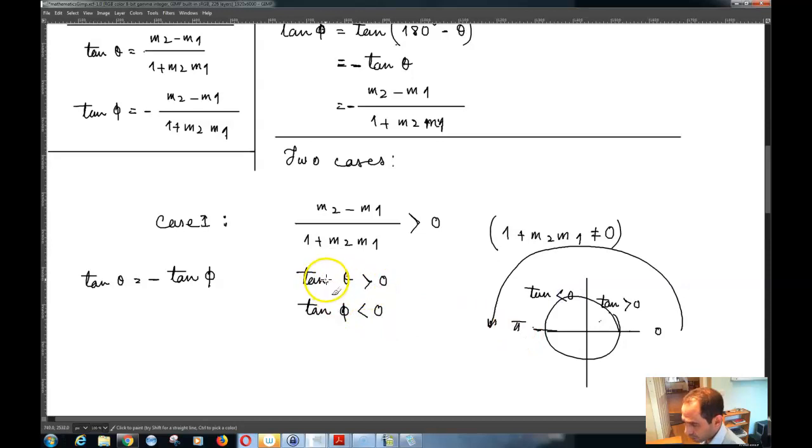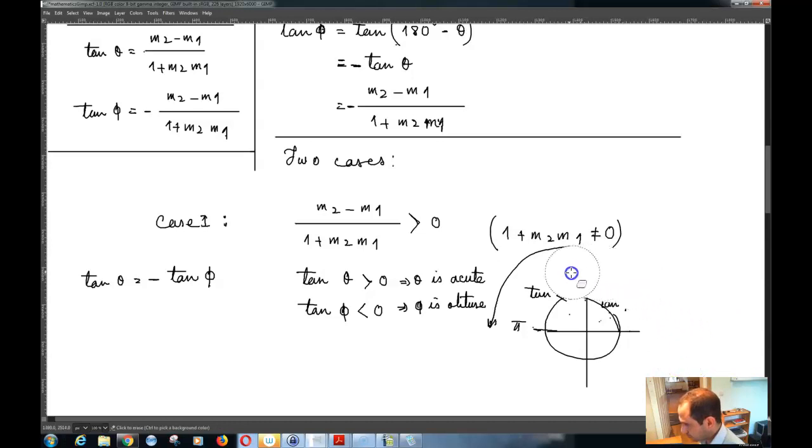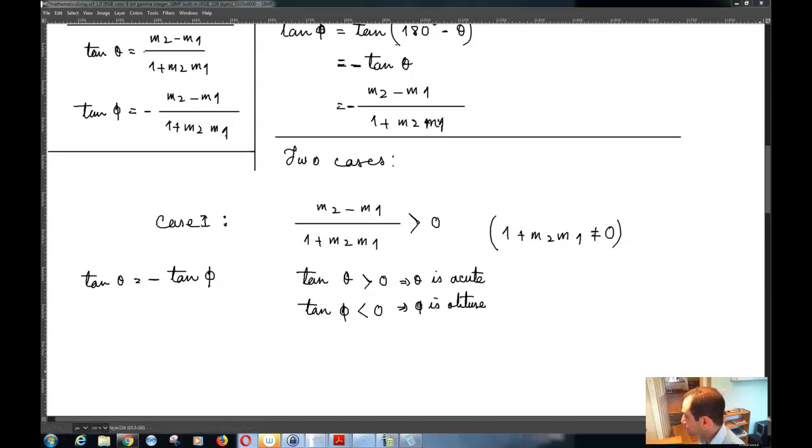So that means that if tan of theta is positive, then theta is an acute angle between 0 to 90 degrees. And if tan of phi is less than 0, that means that phi is an obtuse angle. Okay, so that's basically about case 1.